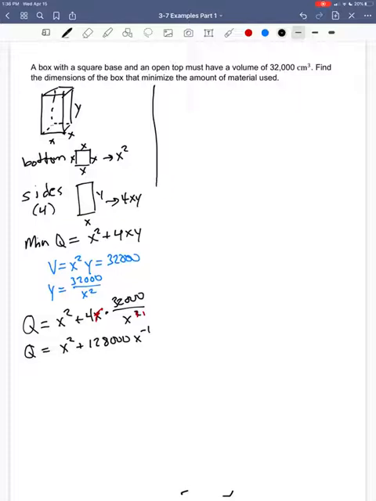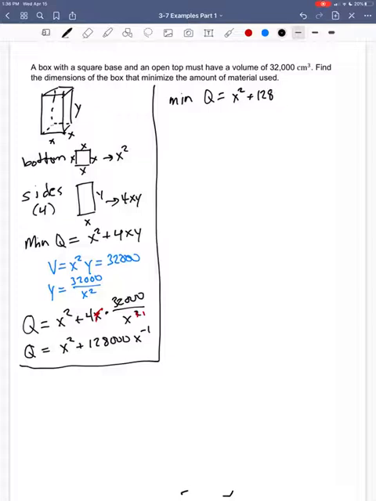And that's essentially my setup for the problem. And so now I'm trying to minimize this value Q, which is x squared plus 128,000 x to the negative 1.